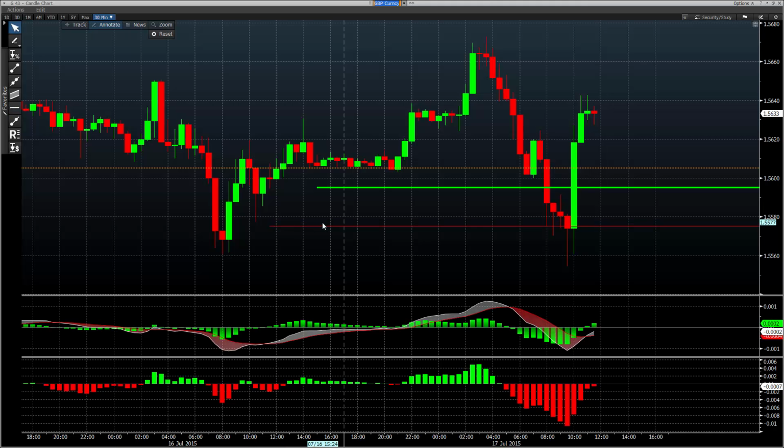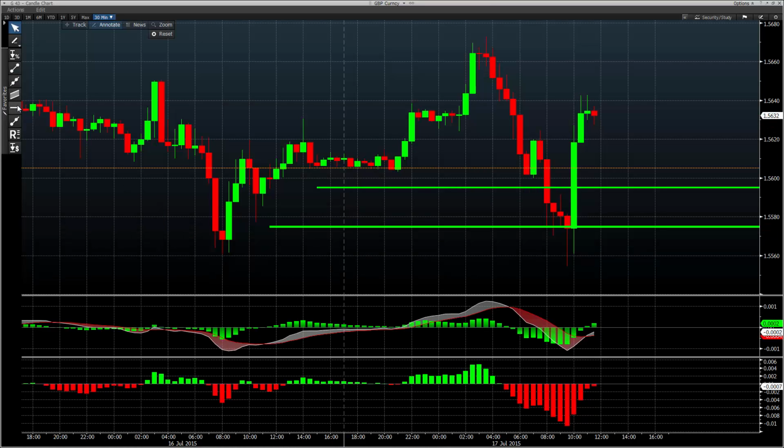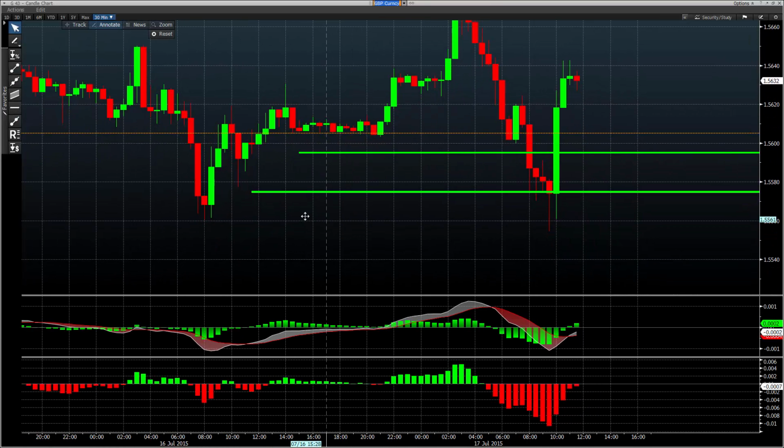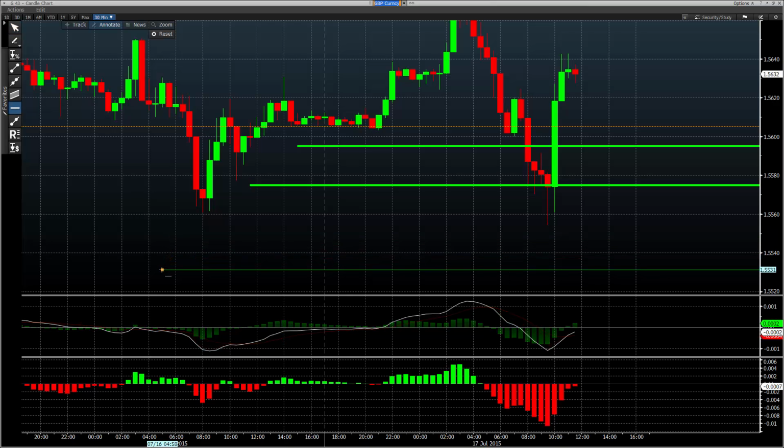There's your 55.75 support. Again, we're going to put that in green. And finally, last but not least, our third support, which is going to be way down at 55.30. We don't even challenge it, so it's not really relevant.